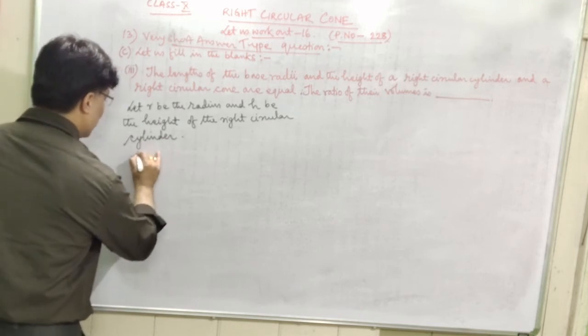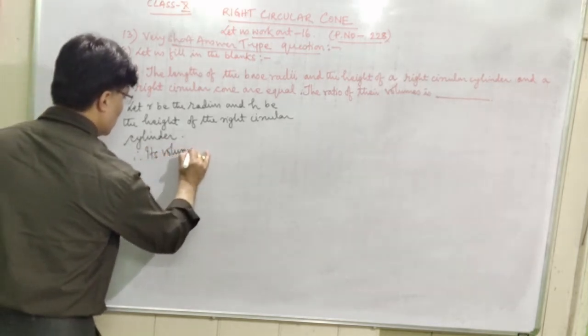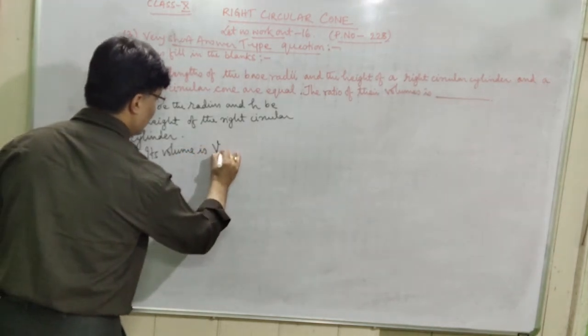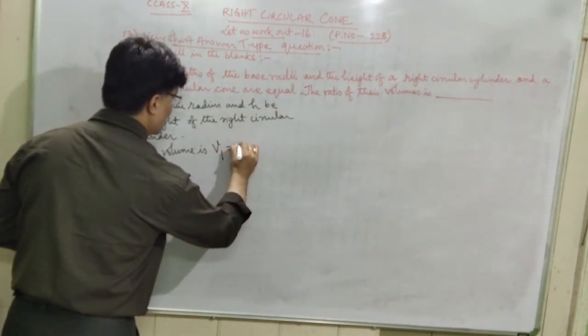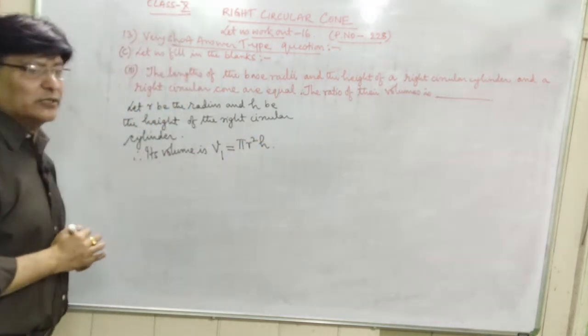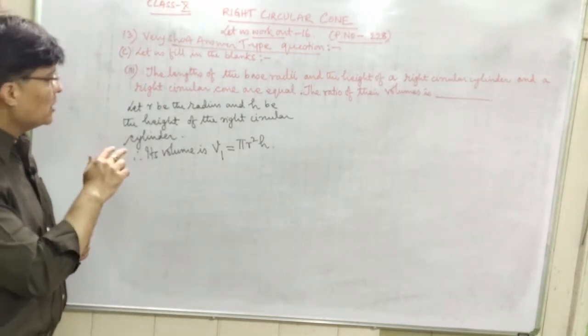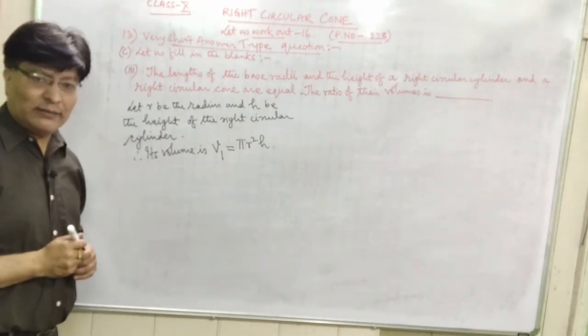So let us find out its volume. Let us write down V1. V1 is equal to, what is the formula for the volume of the cylinder? Volume of the cylinder will be pi r square H.